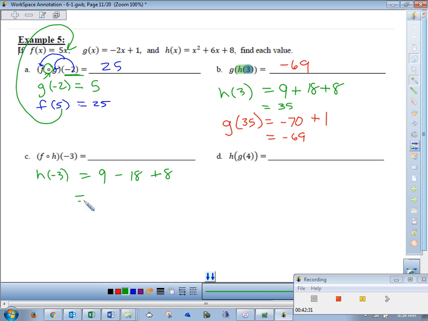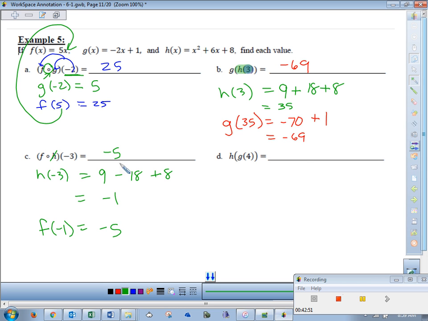Negative 18, 8. Isn't that negative 1? Is that right? Now, I put negative 1 into which function? f. So f of negative 1 equals negative 5.